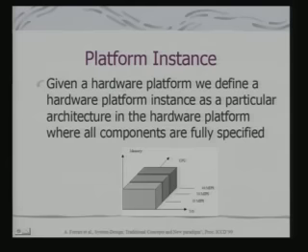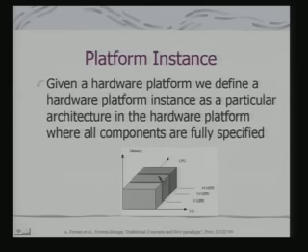Say for example, this is a conceptual model where we may have a platform on which we can have CPUs of different speeds, we can have different I/O characteristics, and it can have different support for memory. And we can select an instance among this platform for implementation of my application.